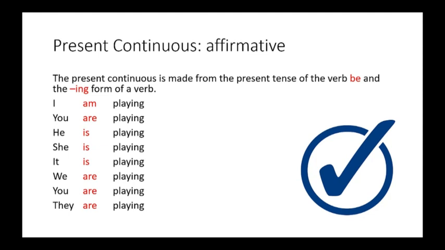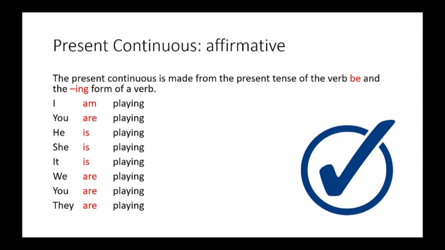Well, that's easy. Remember, continuous, it needs the ing form of the main verb, but it also has an auxiliary verb already in the affirmative sentences. And that verb is the verb be. It has three forms: am, are, and is.